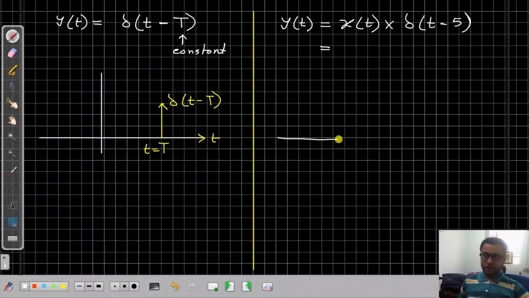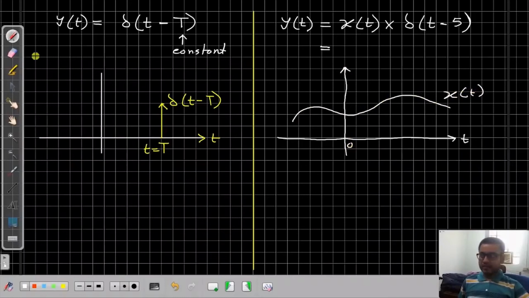Let me first draw some arbitrary signal. Let this be an arbitrary signal x(t), and delta(t minus 5) will be here: 1, 2, 3, 4, 5. At this point, this is delta(t minus 5).